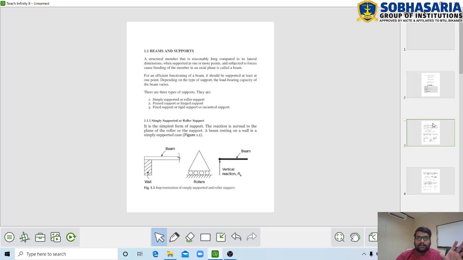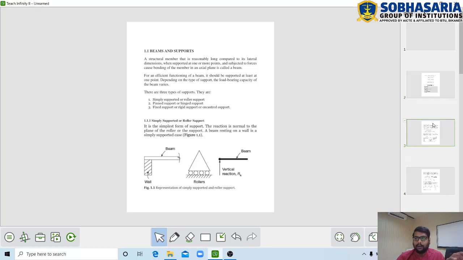So columns are those structures which vertically transfer the loads coming on them, along the longitudinal axis. But what are beams? Beams are the elements which are designed to carry the transverse loads.